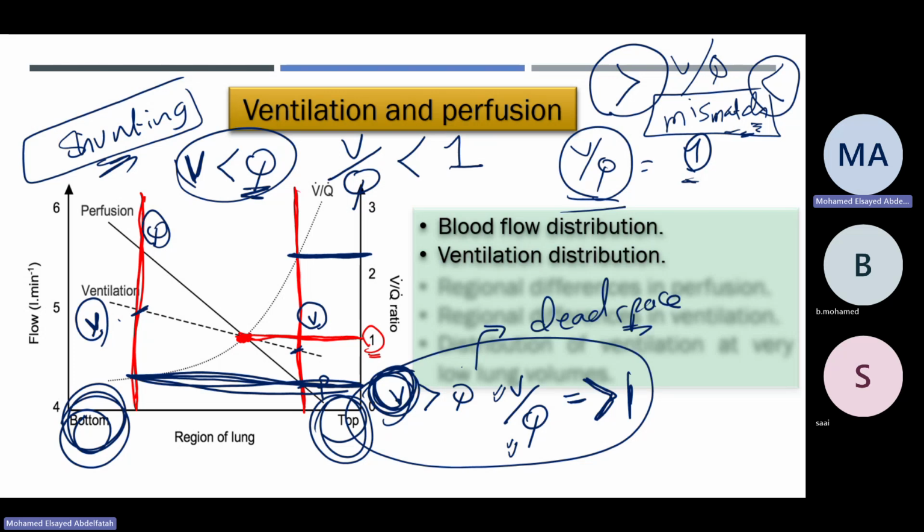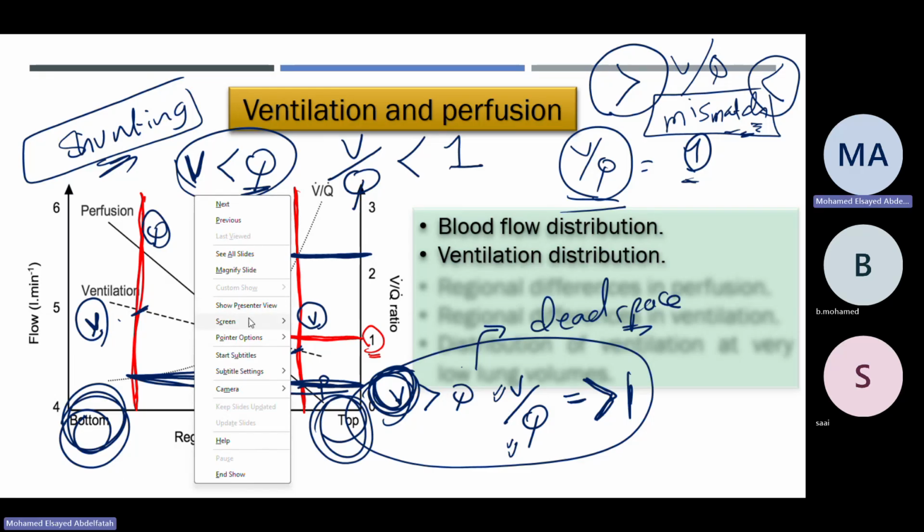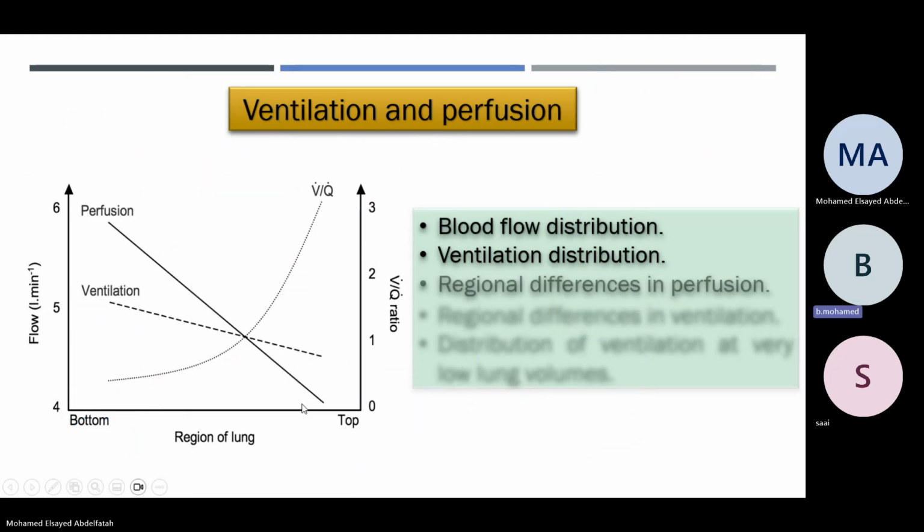And at the base of the lung, there is some sort of shunting. Okay, so this makes the VQ ratio less than 1, around 0.6 to 0.7. Okay, is this clear, Dr. Sai and Batul? Yes.